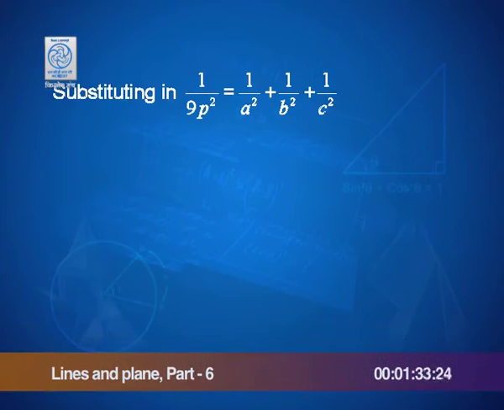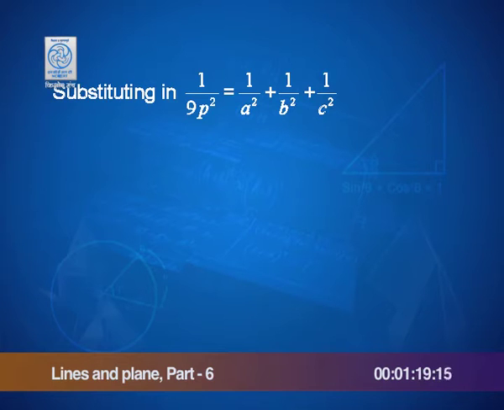So, if I know the values of a, b and c as 3x, 3y, 3z and I am interested in finding the locus of the centroid, that is a condition on x, y and z. So, what I can simply do is substitute the values of a, b and c in the condition 1 by 9 p square equal to 1 by a square plus 1 by b square plus 1 by c square.